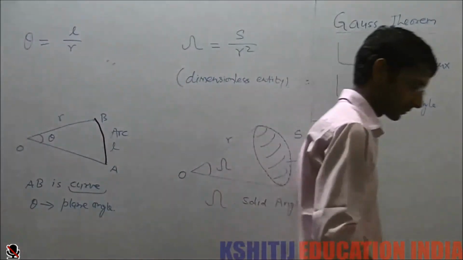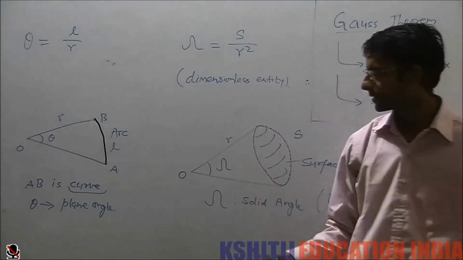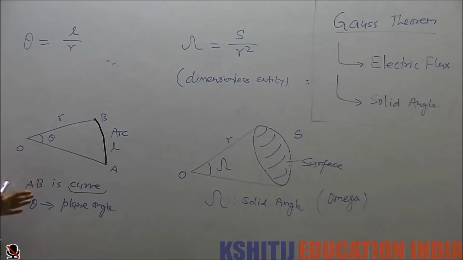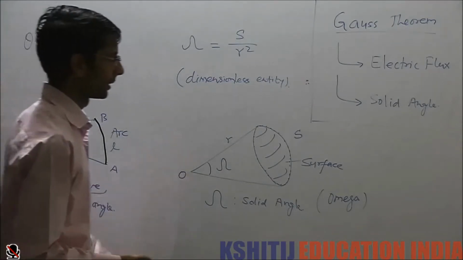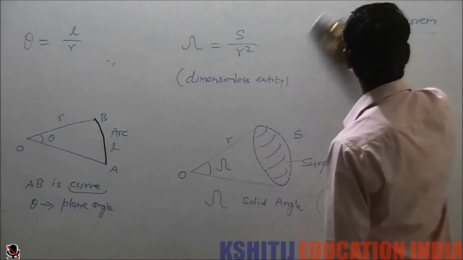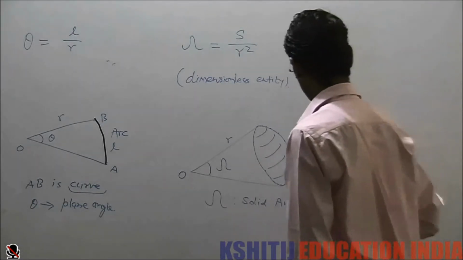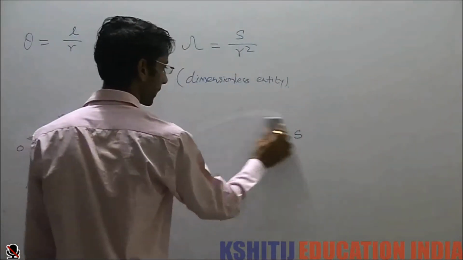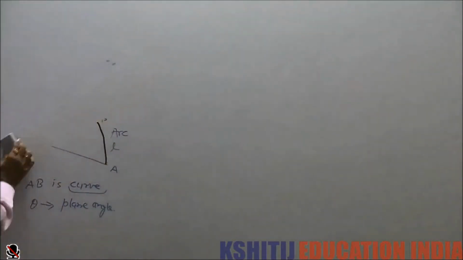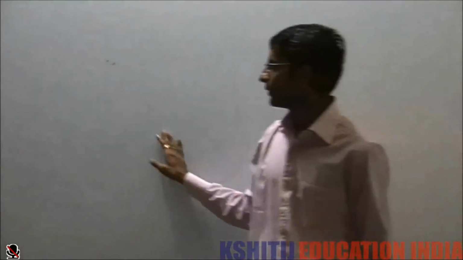Now, let's talk about it in the form that we are going to use in this cluster and all. This was regarding the basic understanding about solid angle. Now, what do we do in a plane angle?